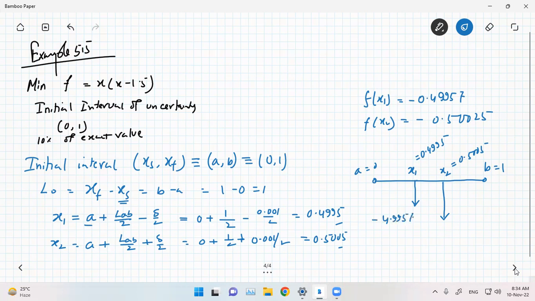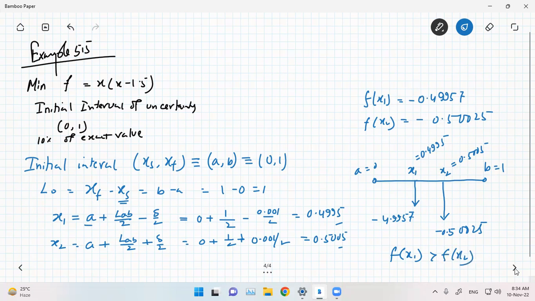The function value at x1 is minus 4.9957 and at x2 minus 5.50025. So as you can see, the value of fx1 is greater than fx2.